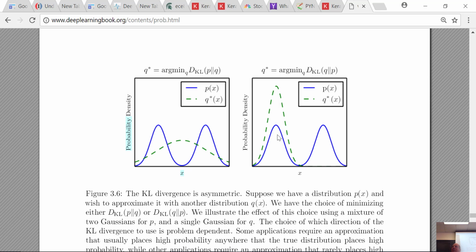If you do the forward, it's going to react to all the modes, but it's going to give you a poor approximation, which is a single mode. We're talking about the simplest possible way.